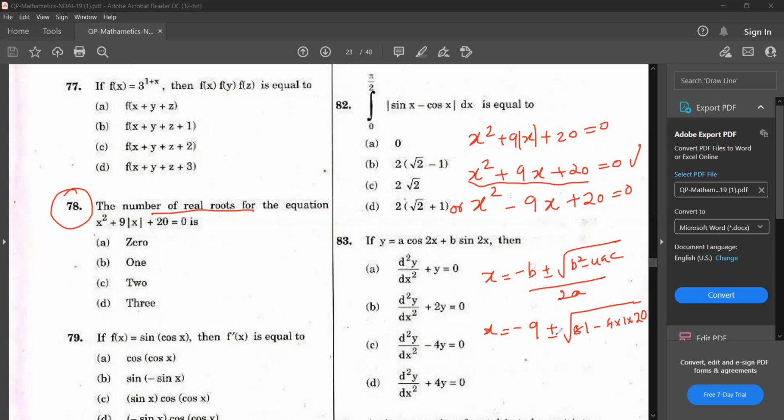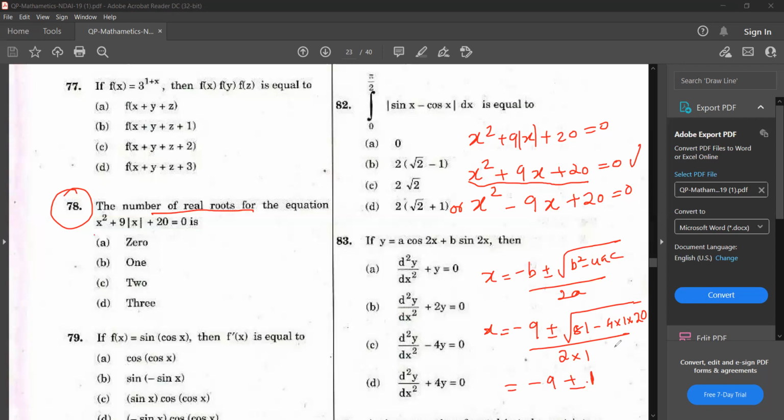Minus b plus or minus root of b square. What is b square? b square is 9 square minus 4 into a is 1, c is 20, by 2a. 2a means 2 into 1. So that is minus 9 plus or minus root 1.